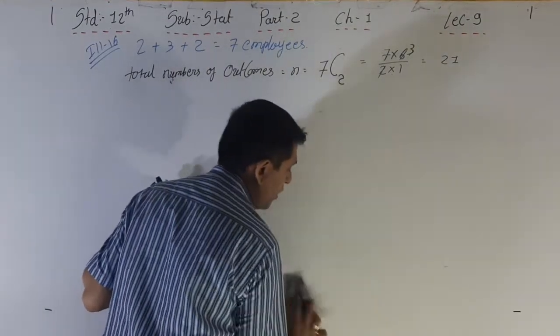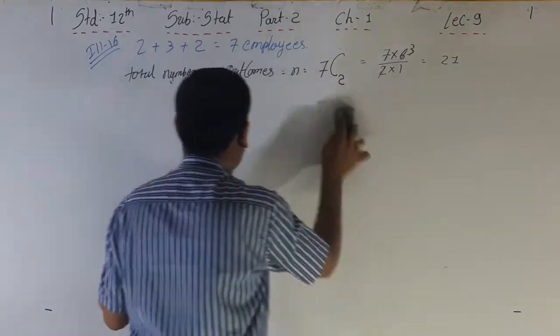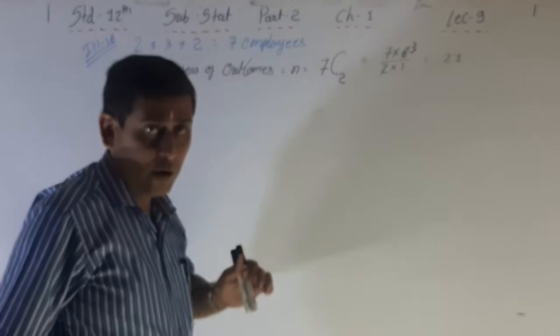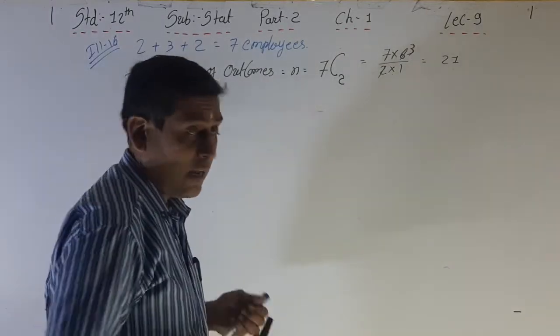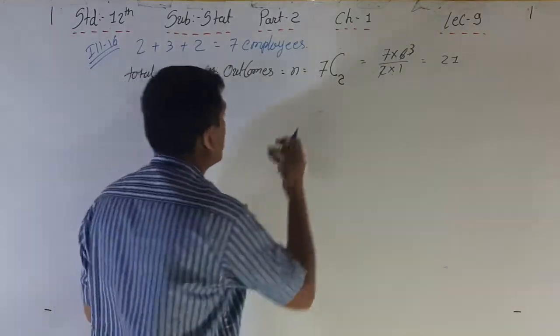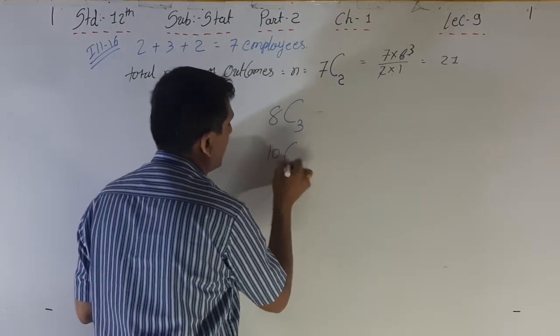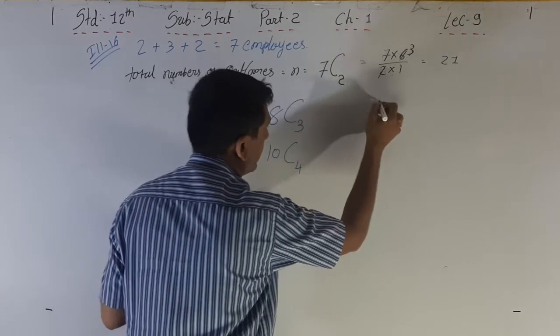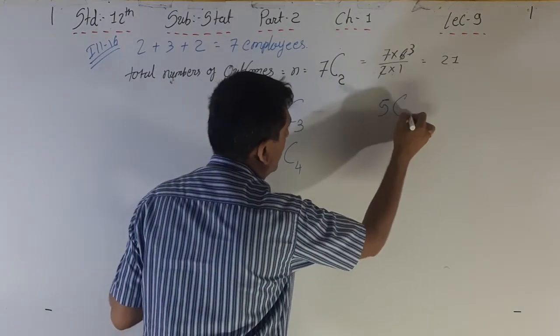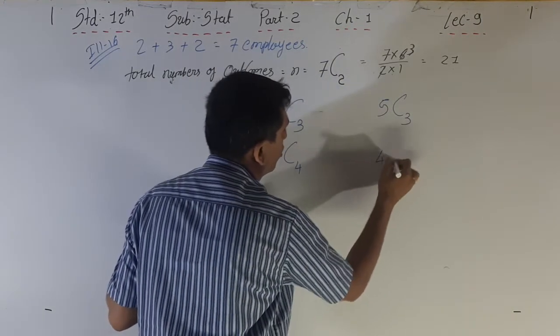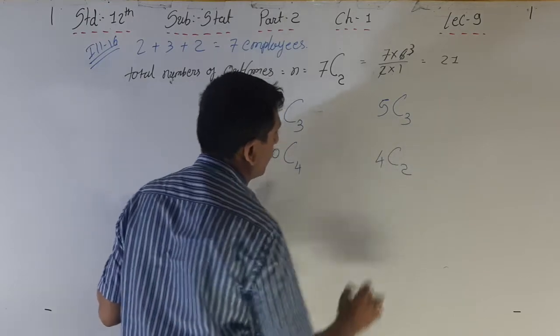Now I am giving you 2 to 3 more examples to find the combination answer. Okay, so here see, 8C3, 10C4, then 5C3, then 4C2.